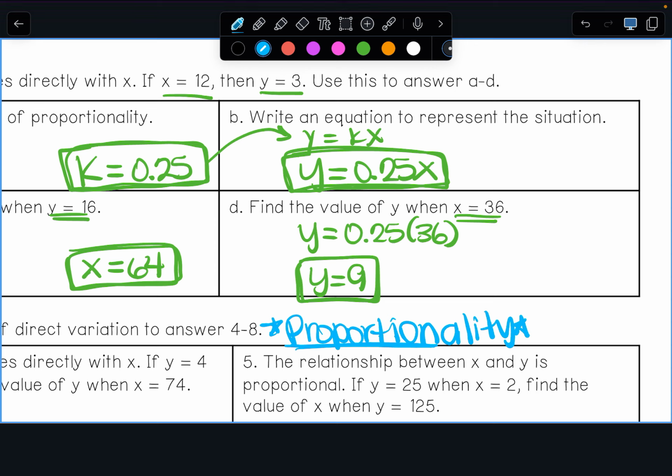I don't like using the word butterfly, because I just know whenever you get to college, your teachers aren't going to ask you, solve this using the butterfly method. That's not a thing. The correct term to solve a proportion is cross multiplication. You cross multiply to solve a proportion.